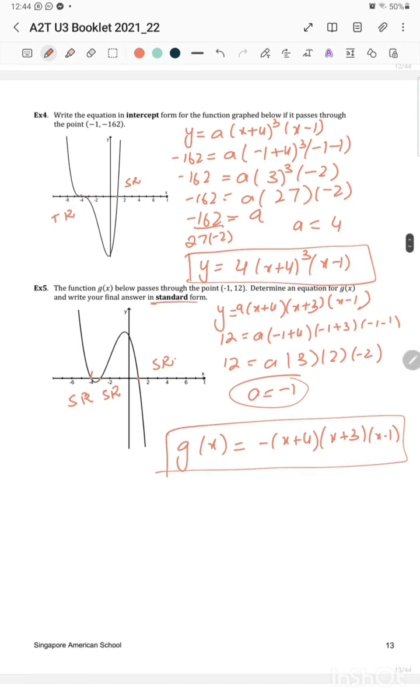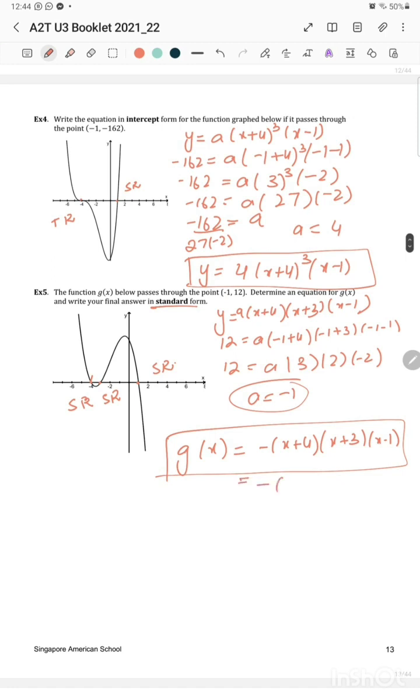As they're saying to write the final answer in standard form, we need to multiply it.